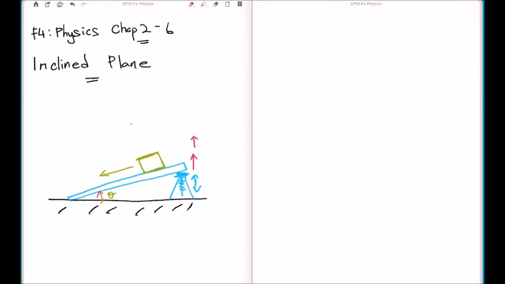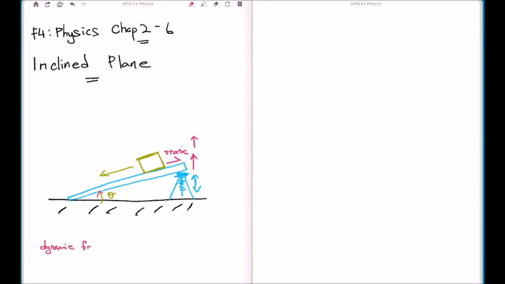So there are two types of friction. The one that stops it from going up, the initial one, is called the static friction. When it's static, it's not moving. When it starts to move, then they will call it dynamic friction.